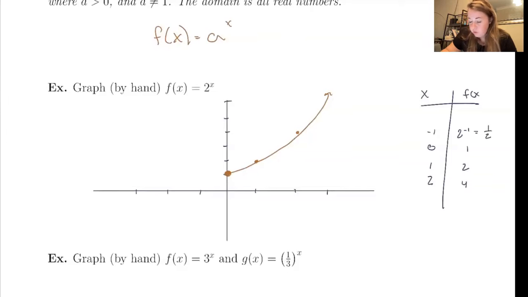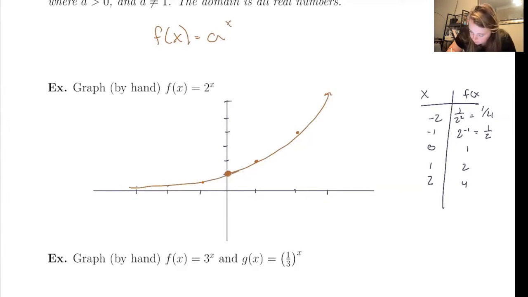If I move the 2 to the denominator, it'll be happy. So 2 to the -1 is going to be 1/2, and 2 to the -2 is going to be 1/2 squared, which is 1/4. And then it would be 1/8 and so on.